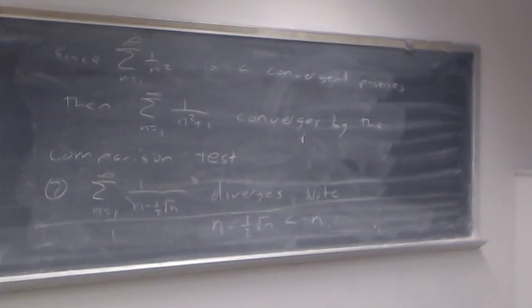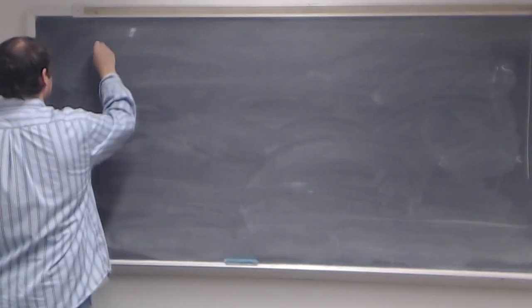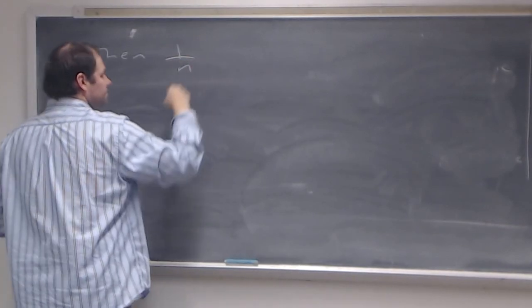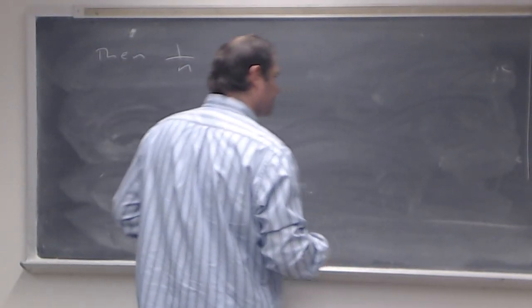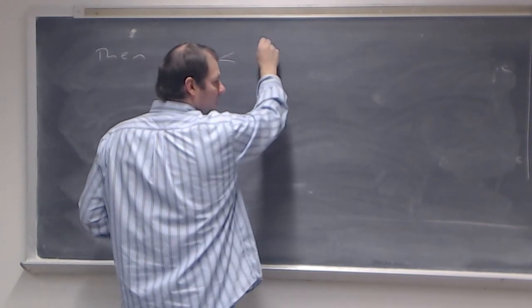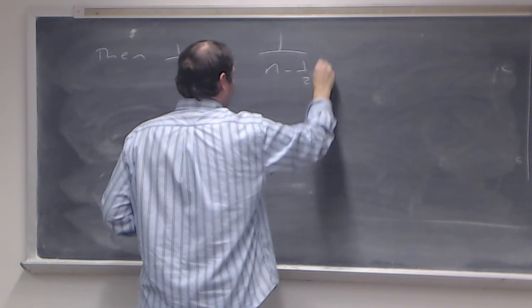And so if I divide both sides by n and also by n minus 1/2 the square root of n, what we get is that 1 over n is going to be less than 1 over n minus 1/2 the square root of n.